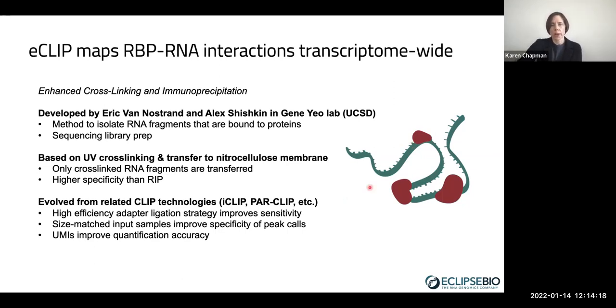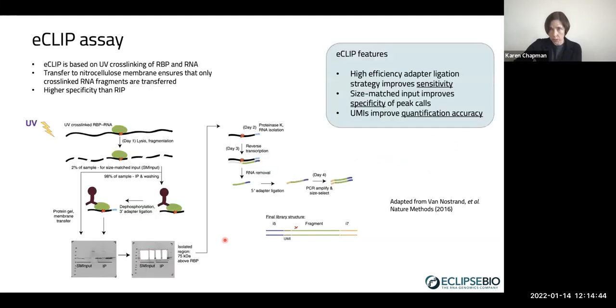It was built upon a foundation of related CLIP-type technologies in the literature, and very specific improvements were added to refine that data and make it more reproducible, deeper, and more complex data that profiles the transcriptome more effectively.